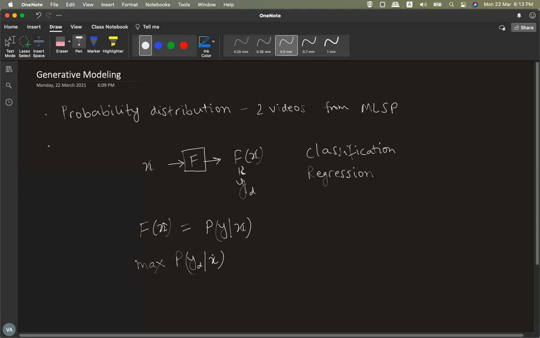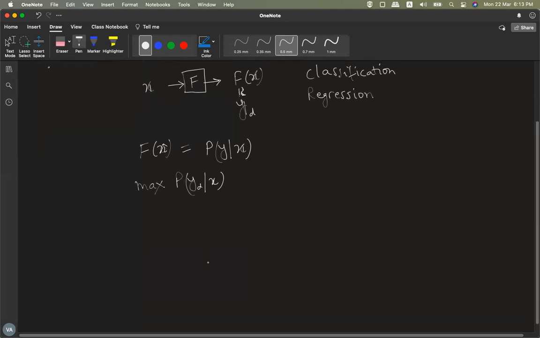This was my maximum likelihood kind of learning, where I want my output distribution to be close to a one-hot vector; it peaks at the y desired.